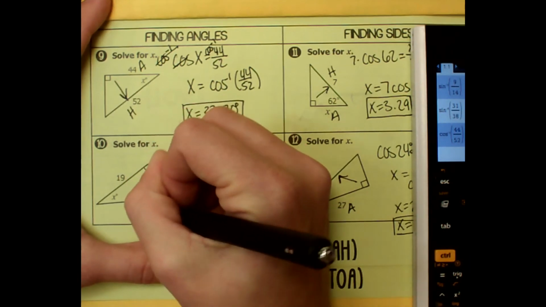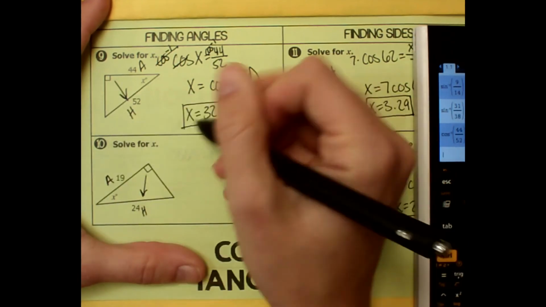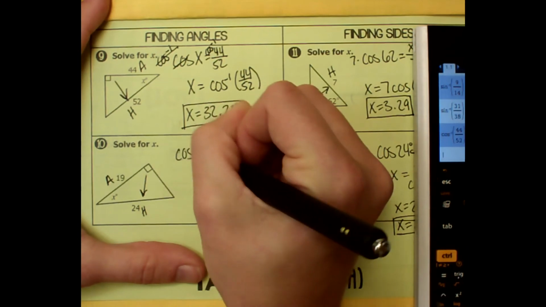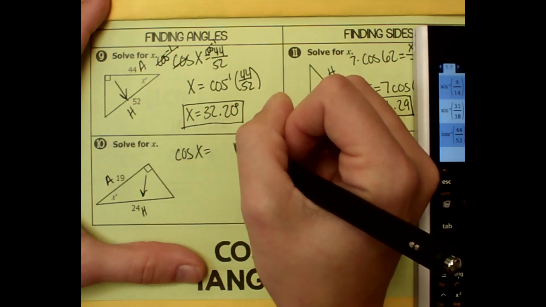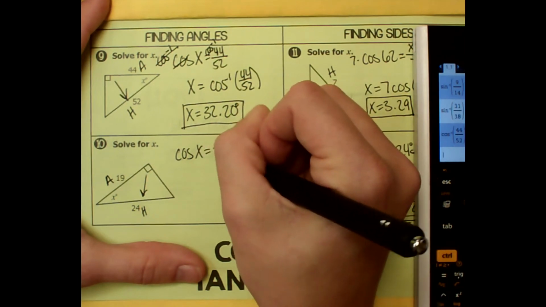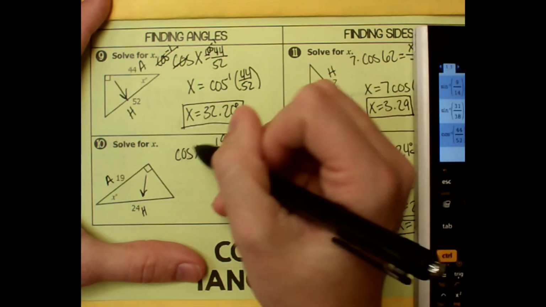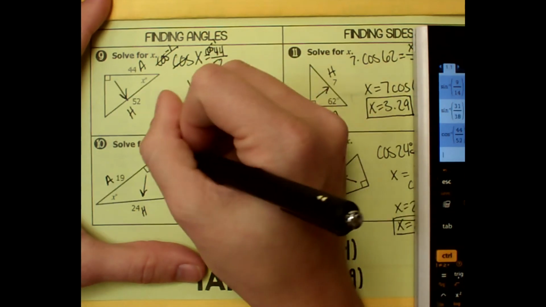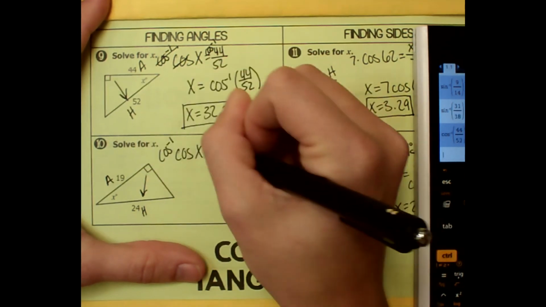So this is your hypotenuse. This is the adjacent. So cosine of x is equal to adjacent over hypotenuse, which is 19 over 24. And we're trying to get x by itself. You can't divide by cosine, so you take the inverse of cosine.